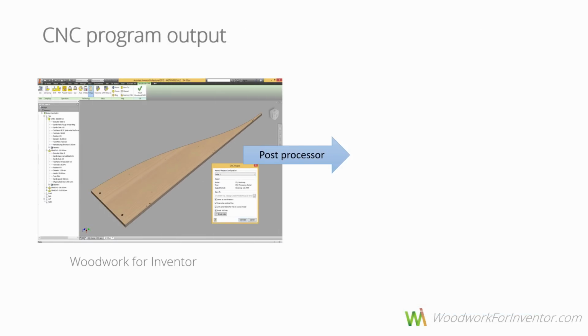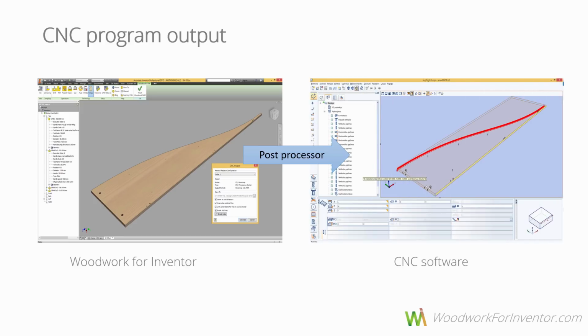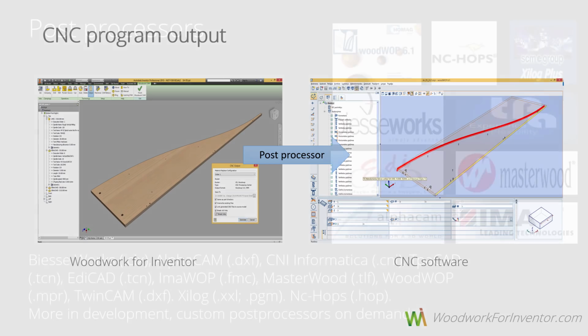First of all, Woodwork recognizes all the technologies like drilling, milling, cutting, etc. from the model, which is very nice because you are not limited by the way you do design. You can use one or the other design workflow. And finally, once it's done, Woodwork technologies run through the post-processor directly to your machine.